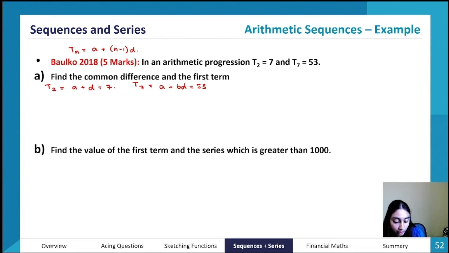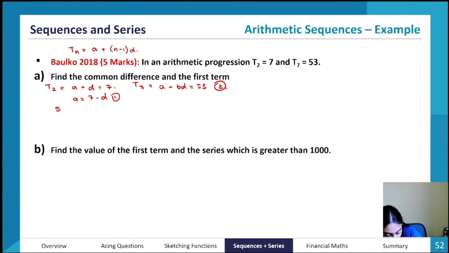You can choose what you'd like to do with this. You're going to have to do simultaneous equations. Actually, I'm going to define A. You can pick, won't make a difference. So A is equal to 7 minus D. Okay?